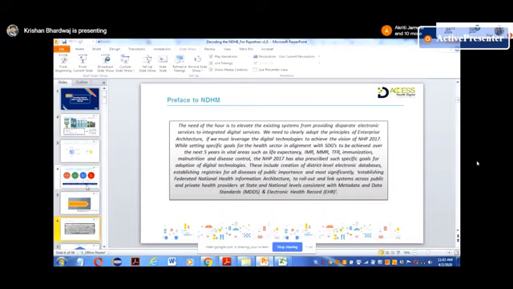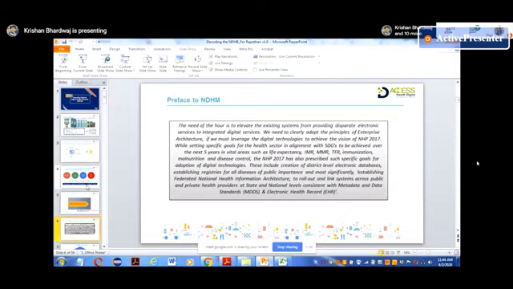NDHE. Enterprise? Not sure. That is the ecosystem. Ecosystem. Okay. So the blueprint defines the roadmap to develop the ecosystem, and the mission will be responsible for overseeing the implementation of that ecosystem. So all these are interconnected aspects of that.